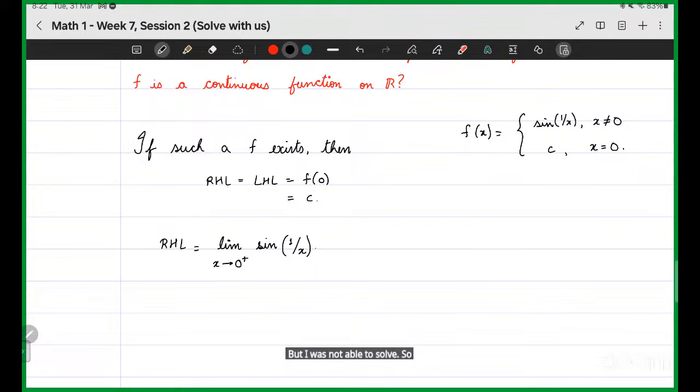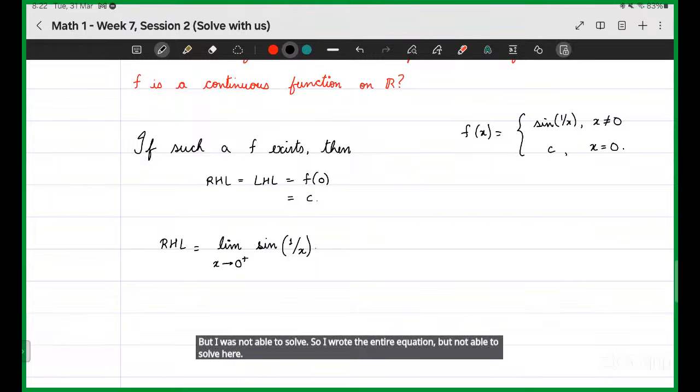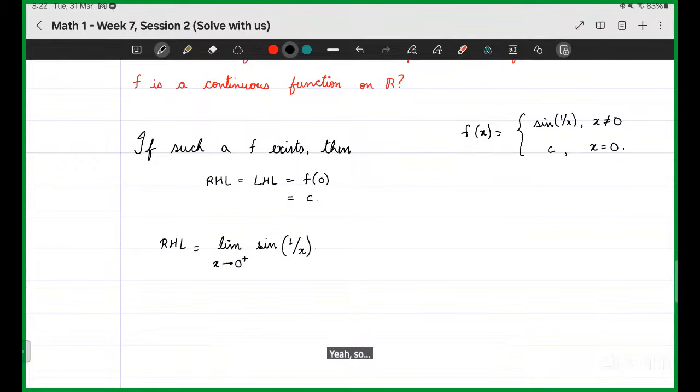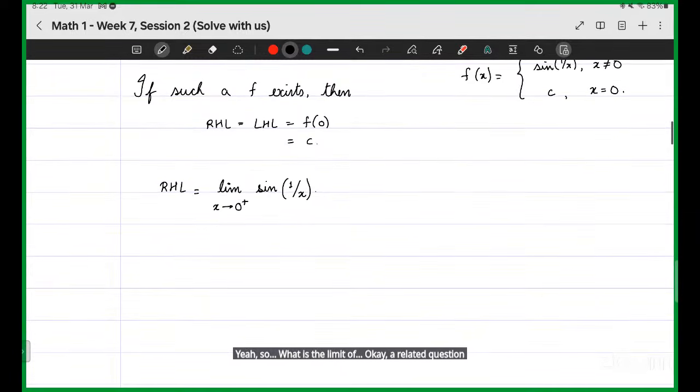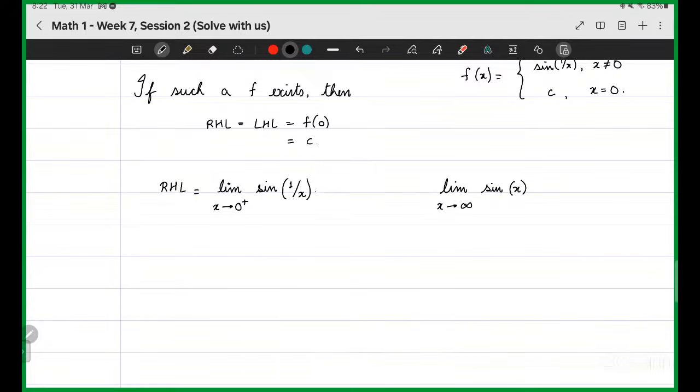I wrote the entire equation, but was not able to solve it. So, a related question: what is the limit of x going to infinity of sine x? That is exactly equal to this thing, sine of 1 by x.